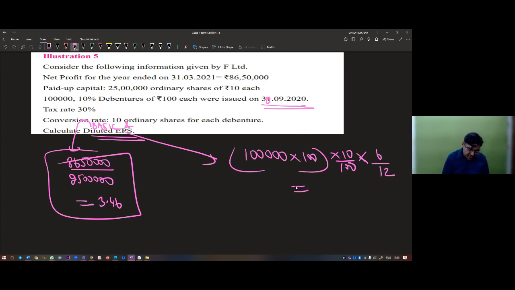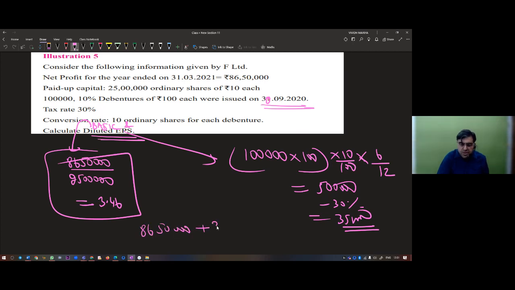So 1 lakh into 100 into 10%, divided by 2, is 5 lakhs. Less 30% tax, post-tax it is 3,50,000. So net profit will increase by 3,50,000. The net profit will be 90 lakhs.